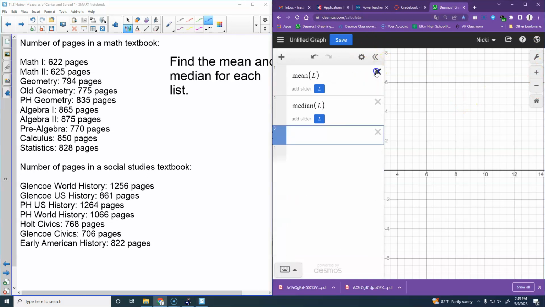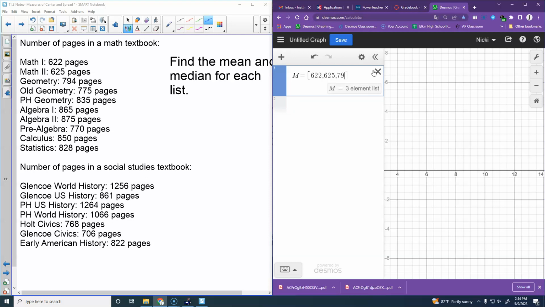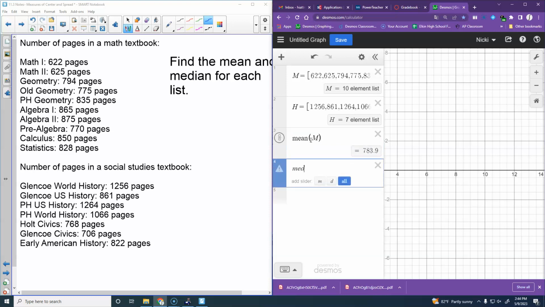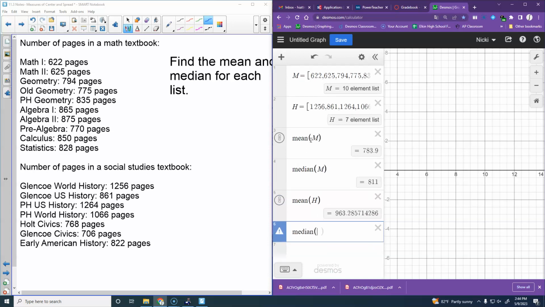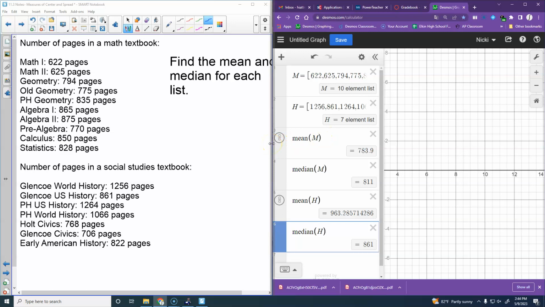I'm going to try to type them both in. Yeah, do 3 places on decimal.